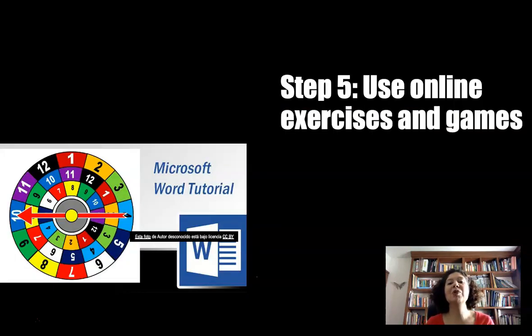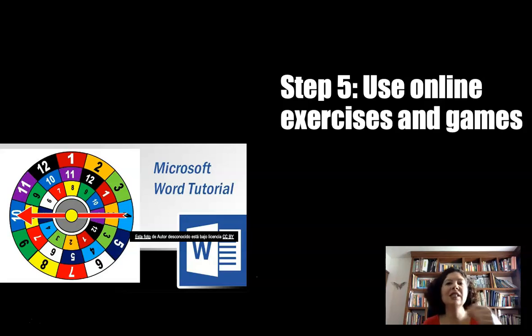Okay, and step number 5. Now that everything has gone virtual and we're teaching online, all around the world, let's make good use of the resources and the tools that have been given to us. There are a lot of resources online. If you just type online exercises with present perfect, you will have a lot of that. Or online exercises about vocabulary or online games. So your students are going to find a fun way to do the same things.